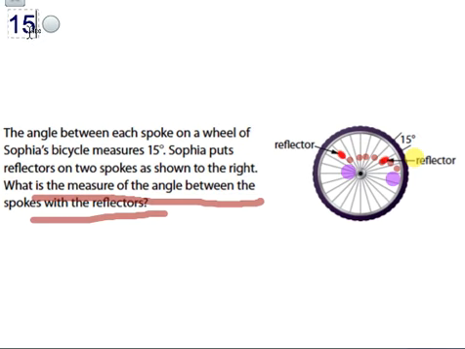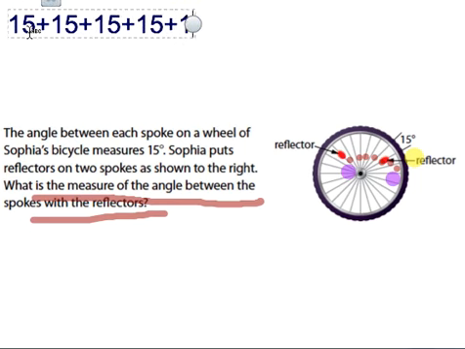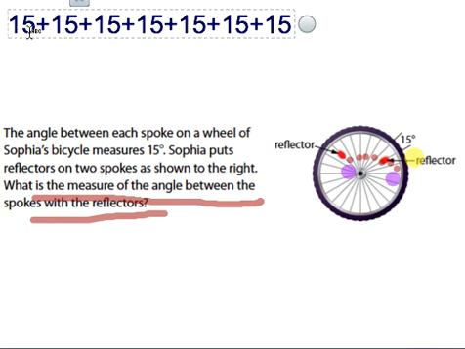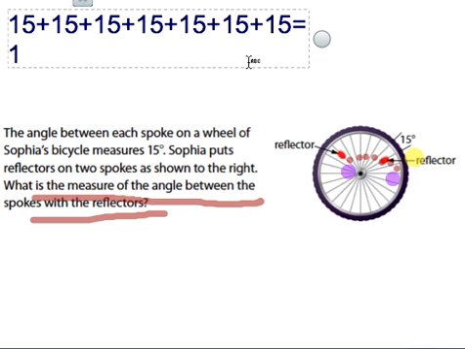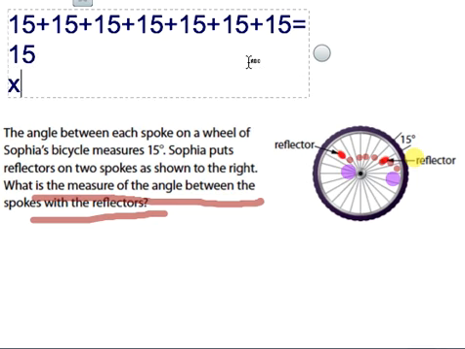You could do 15 plus 15 plus 15 plus 15 plus 15 plus 15 plus 15. And how many is that? 1, 2, 3, 4, 5, 6, 7. Every one of these angles is 15 degrees and there are 7 of them. Or you could do 15 times 7. Either one would work.